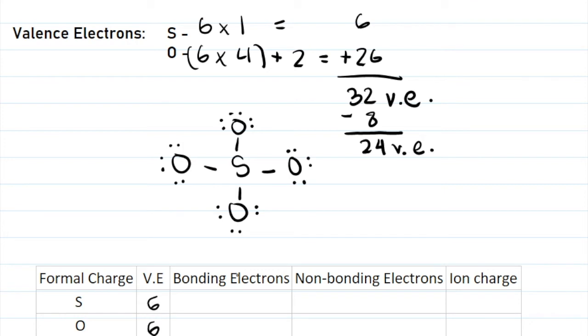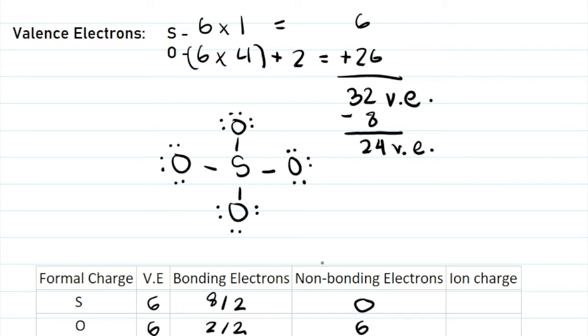And for bonding electrons, it's 2, 4, 6, 8, so 8 divided by 2. And for oxygen, it's 2 divided by 2. For non-bonding electrons, there is 0 for sulfur. However, for oxygen, there is 1, 2, 3, 4, 5, 6.